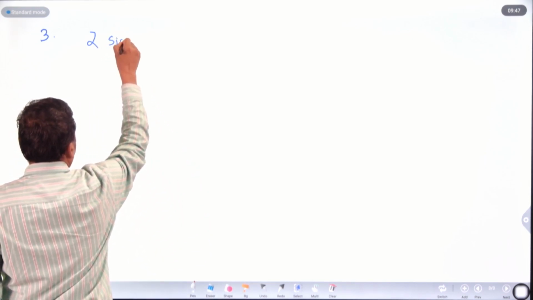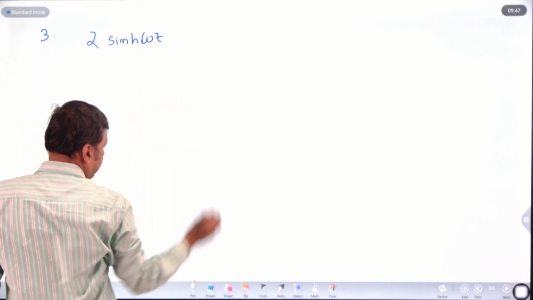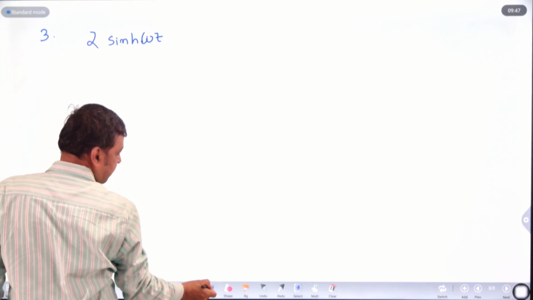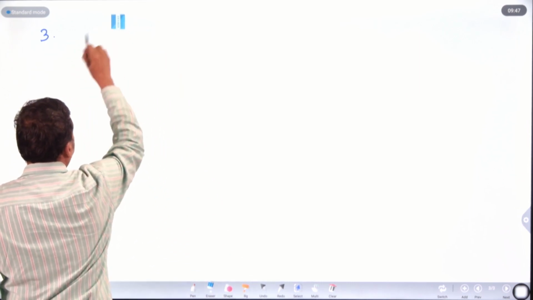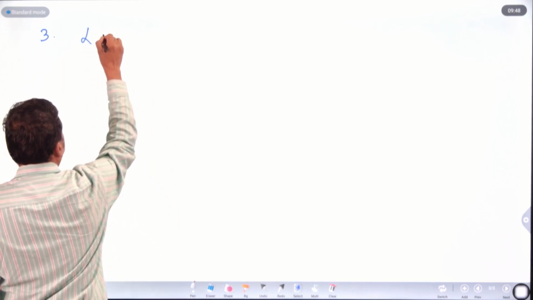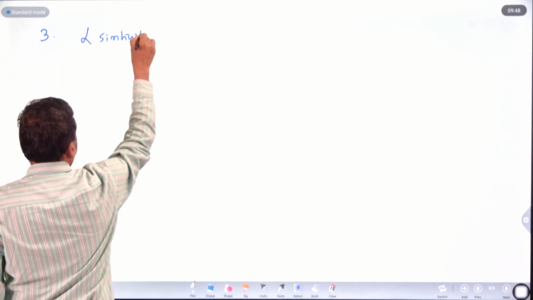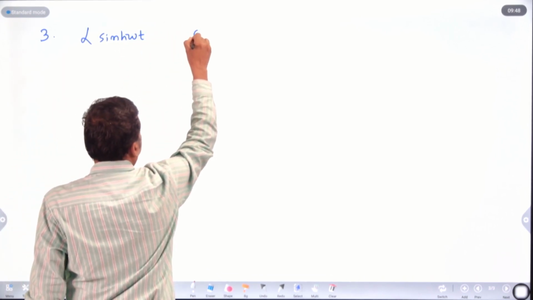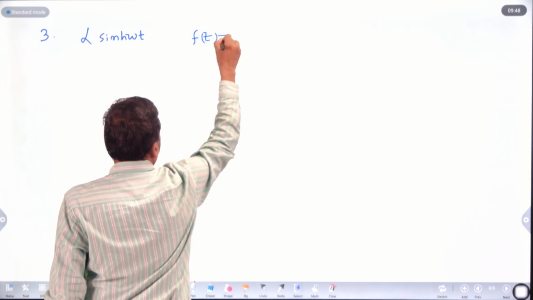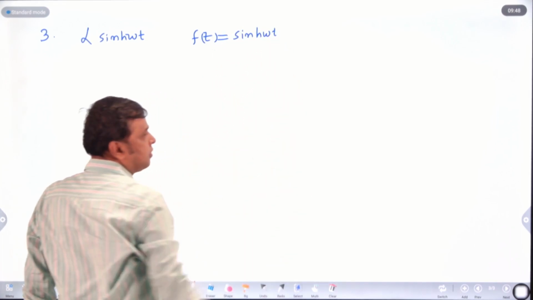Now if I say Laplace transform of sin h omega t, here f of t is sin h omega t, a hyperbolic function.